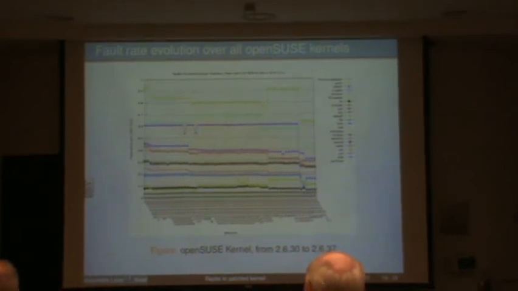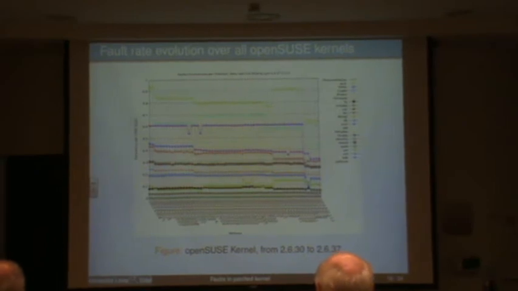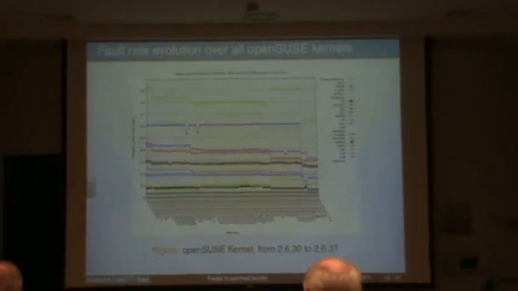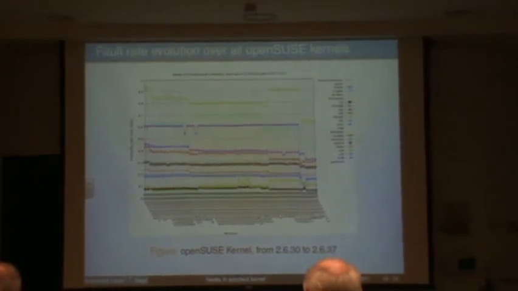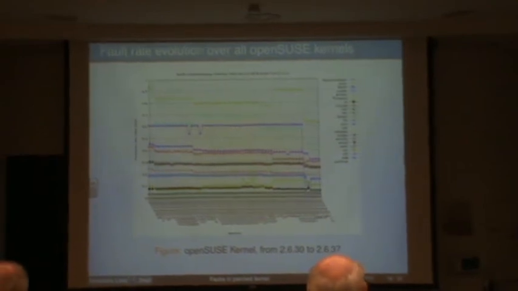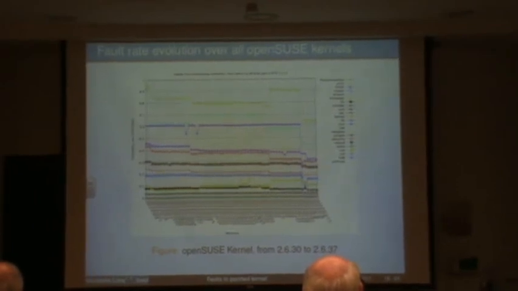But if you take a look at the general form, you see that it has exactly the same behavior. This is not the vanilla kernel; this is the patched open source kernel. So once again, we get the same figure between vanilla and patched kernel.